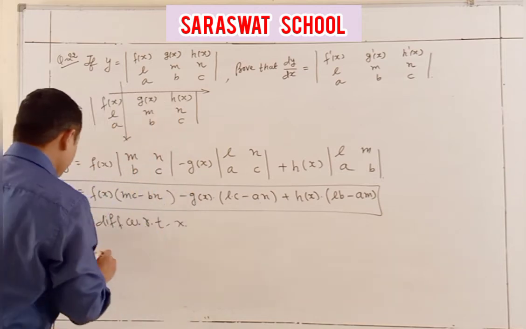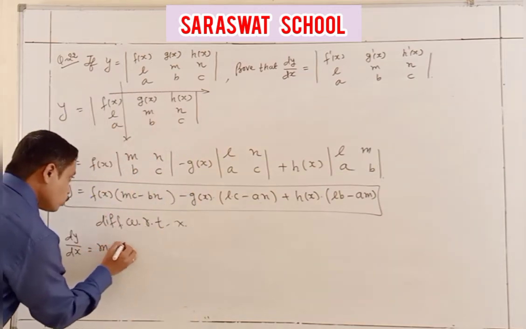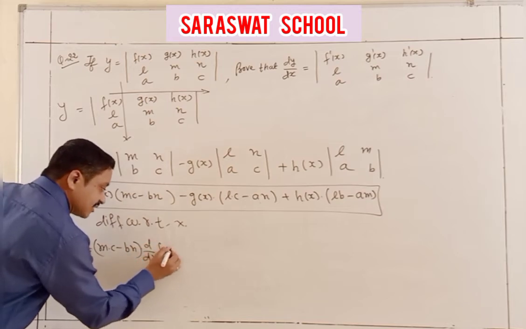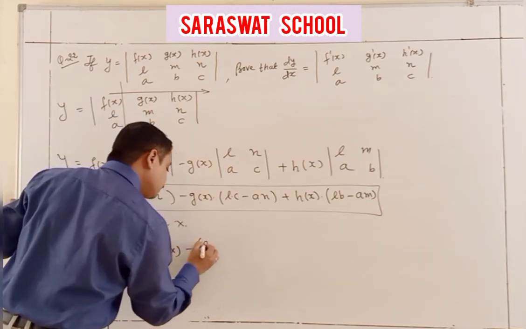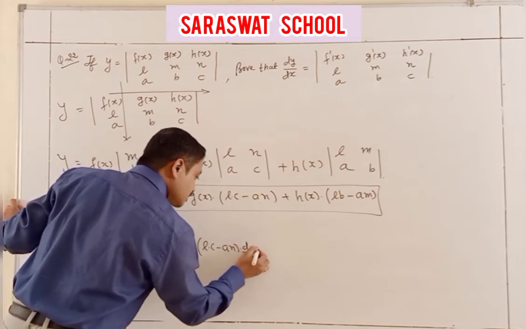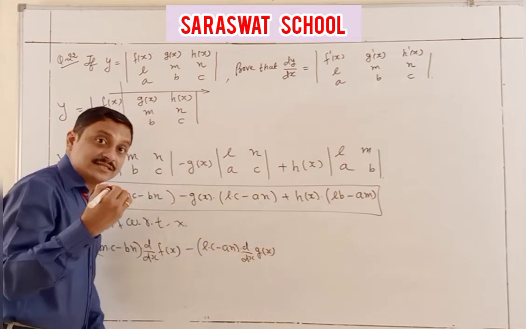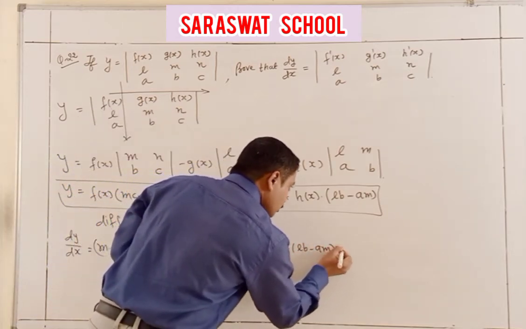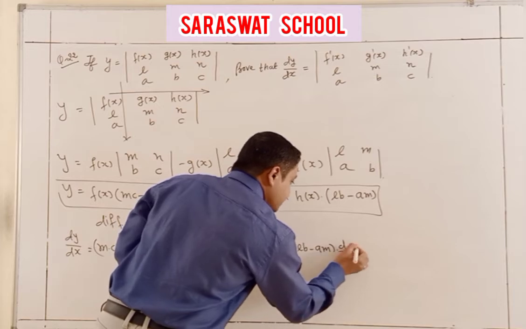Yes, here M into C minus B into N d dx of f x, same as that is the d dx of g x, and same as L B minus A M d dx of h x.